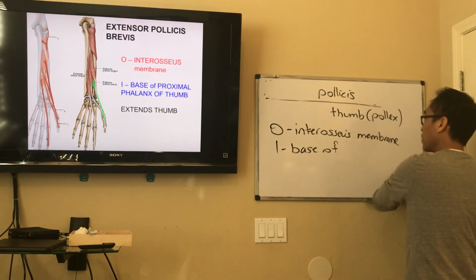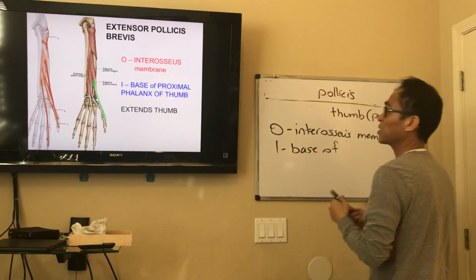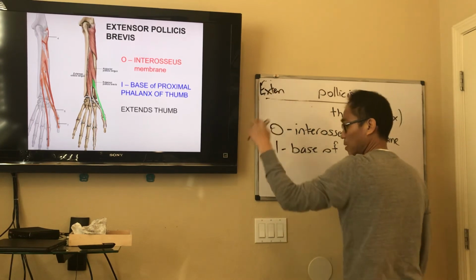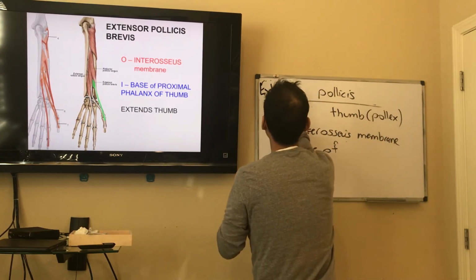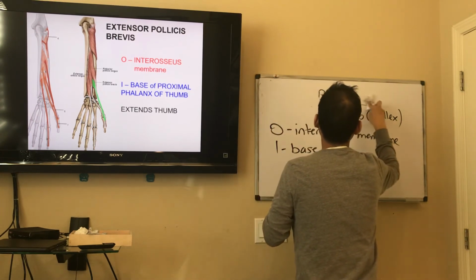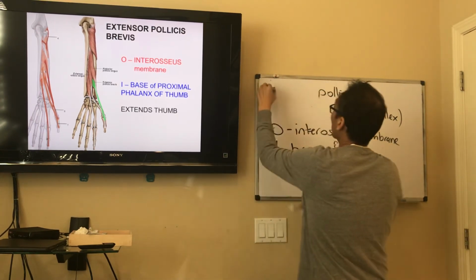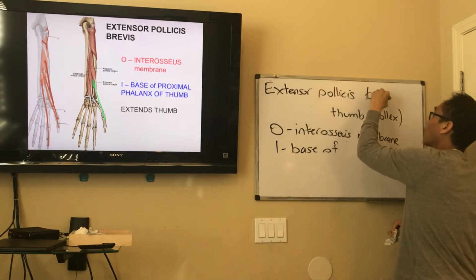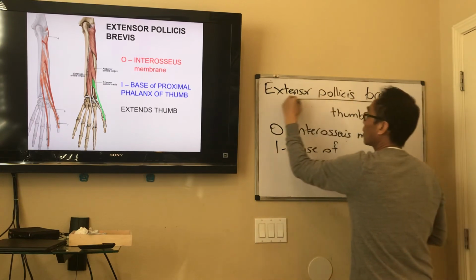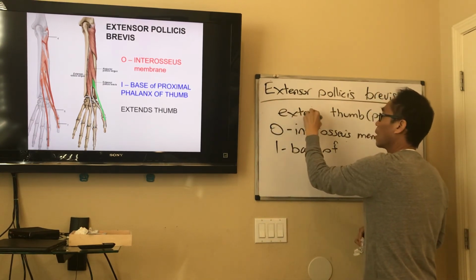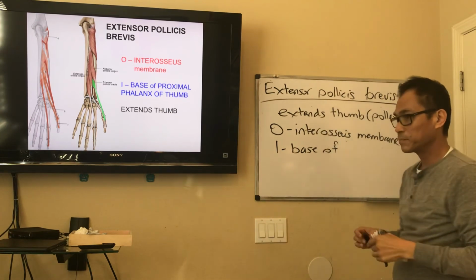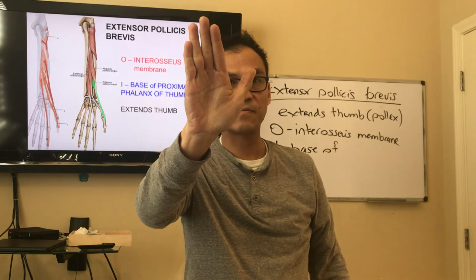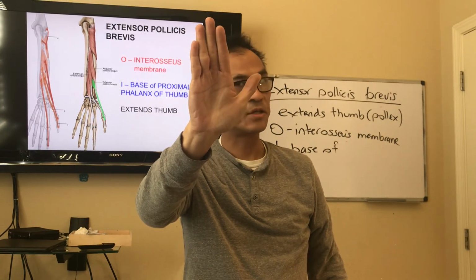The muscle is now Extensor Pollicis Brevis. It extends the thumb. Make the number 4; your thumb is flexed. You just move it straight back. That's flexion, extension of the thumb.